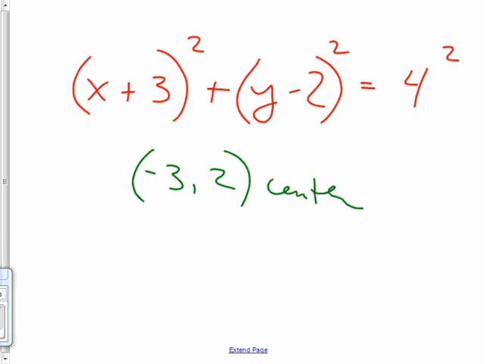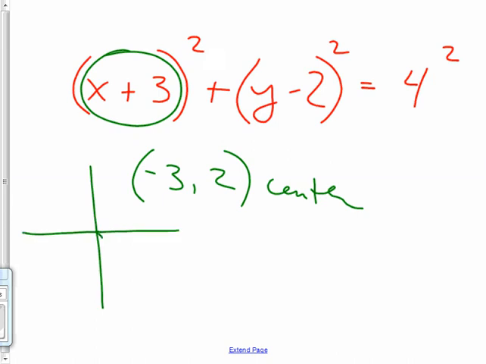Now think about this for a second. Doesn't this seem like it moved to the right 3? But it's on the inside. So therefore, it actually moved to the left 3. So if the center is where you always start, and I go to the left 3, you can see I'm going to end up at negative 3, right? And then this, doesn't this seem like it should be down 2?